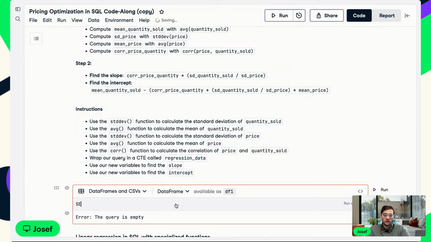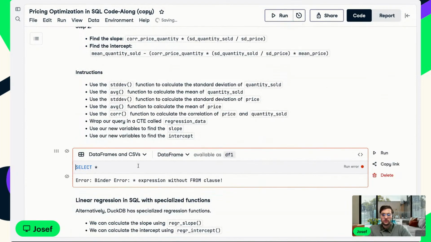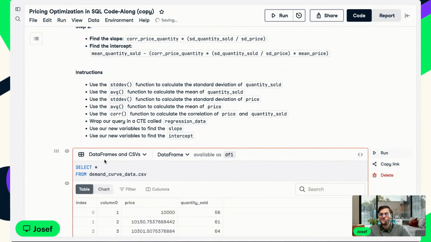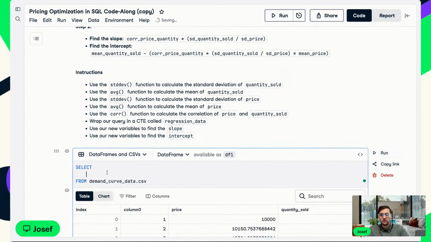So let's do that. We have select star from demand curve data .csv. But the star is something I'm going to replace because I'm using aggregate functions.